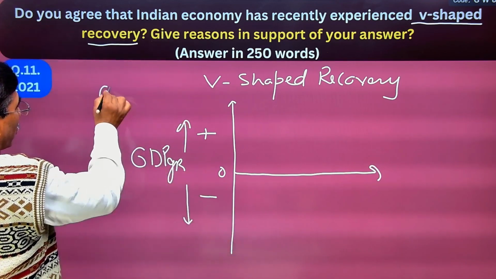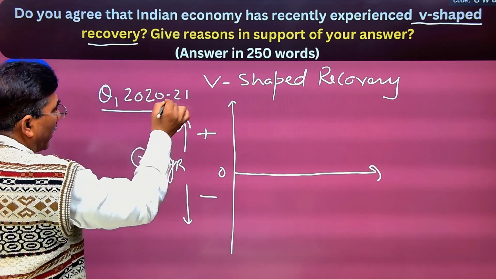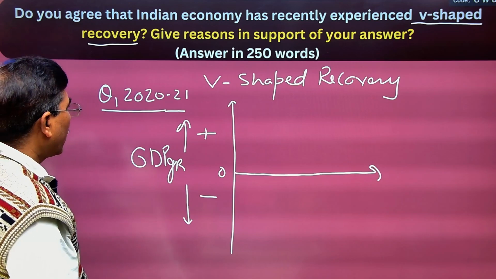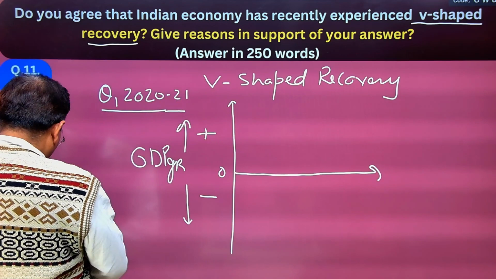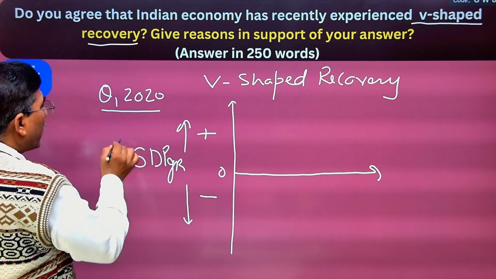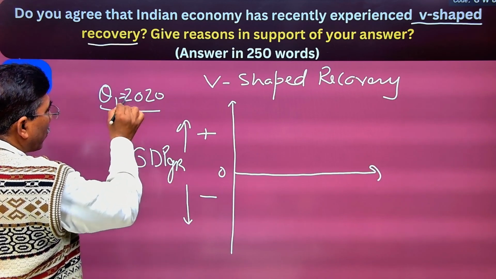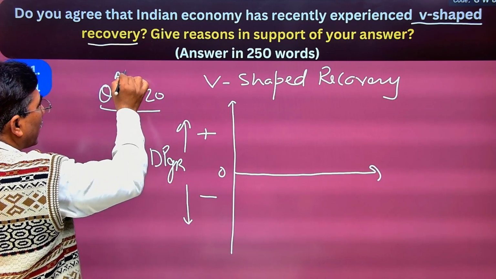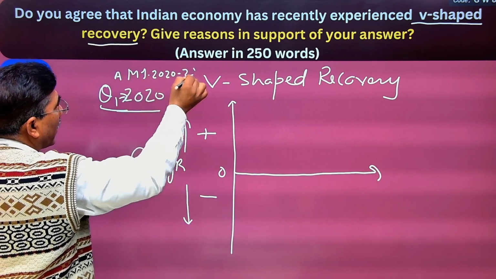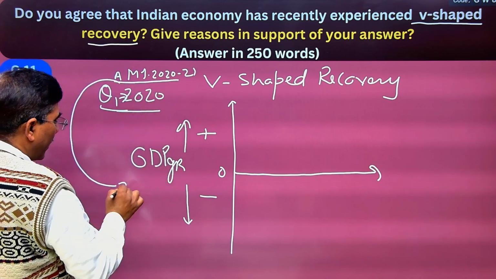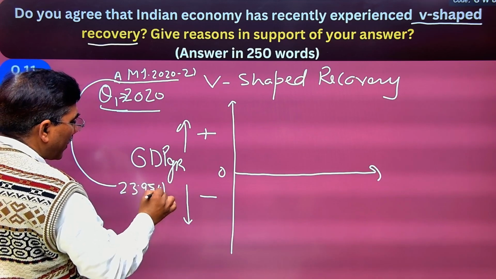During Q1 of 2020-21, April, May, June 2020, our GDP growth rate was negative, declining by 23.95%.